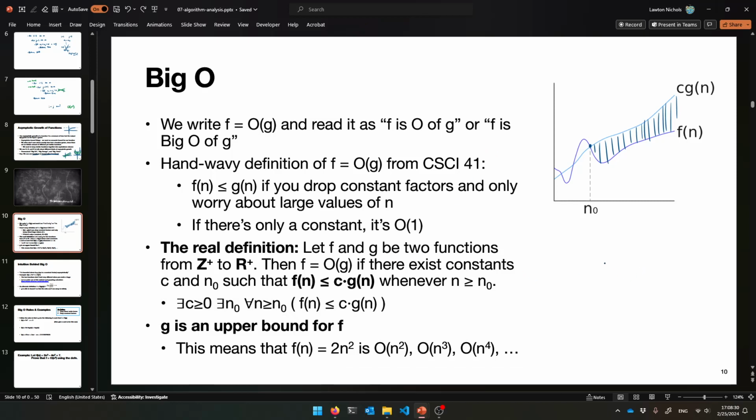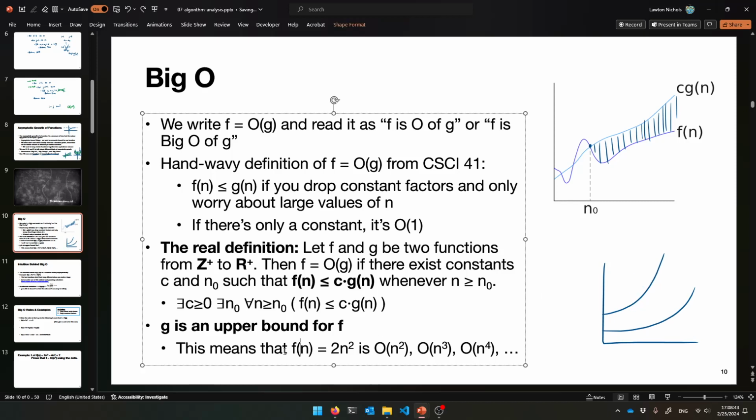Essentially, here's your function. Here's the other function. It's always bigger after a certain amount of time. It doesn't have to be at the start. It could be later. But this is the one that's bounding it above. So if f of n is 2n squared, it's big O of n squared. How could you prove this?